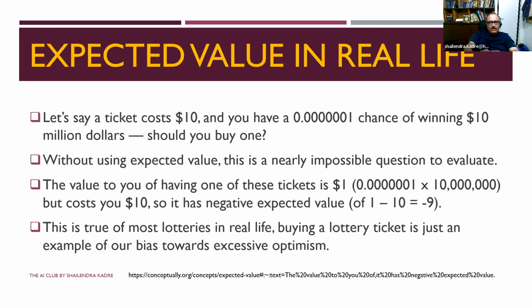Now, what is the expected value of this game? It is probability into the value. Probability is 0.601 and the value is $10 million. That is E(X), right? X is $10 million and probability is 0.601.